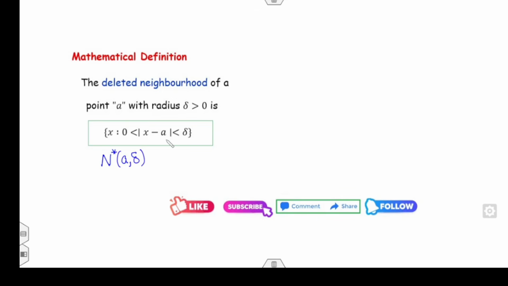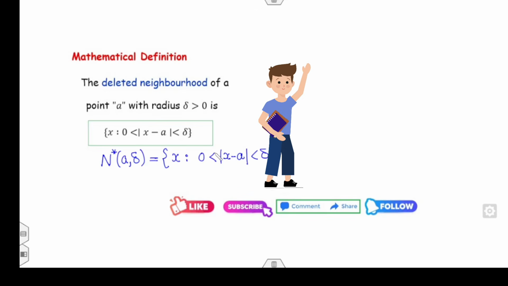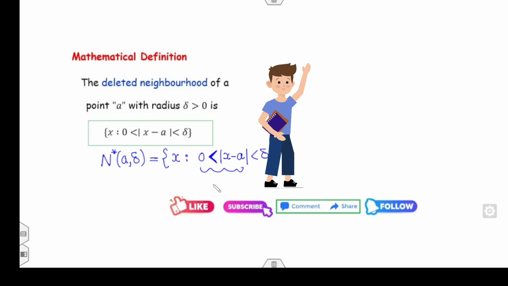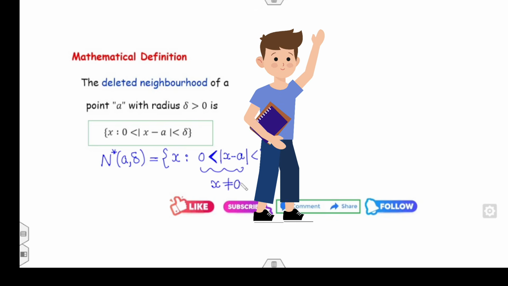The deleted neighborhood of the point A is defined as the collection of all those x such that |x minus a| is strictly greater than 0 and it must be less than delta. Make sure, student, that strictly greater than 0 implies that x is not equal to a.